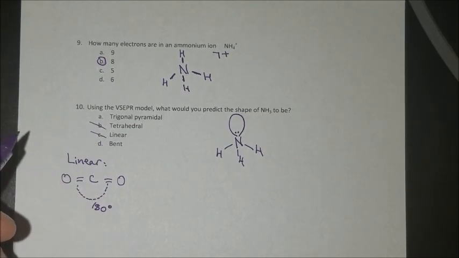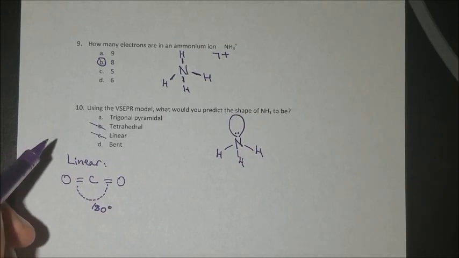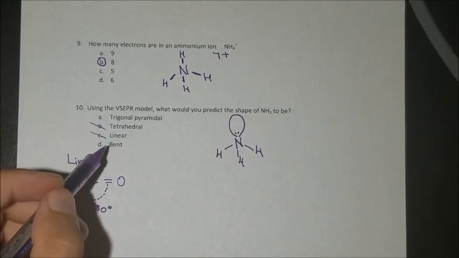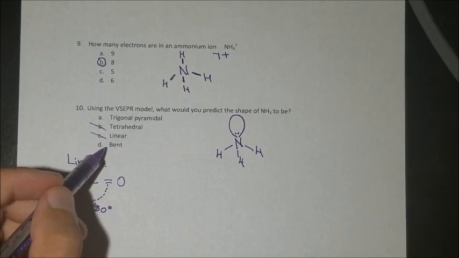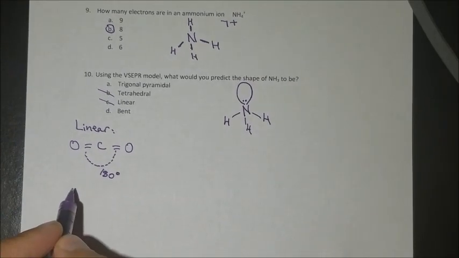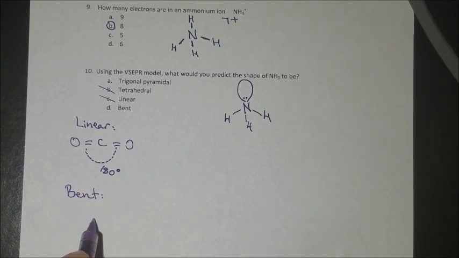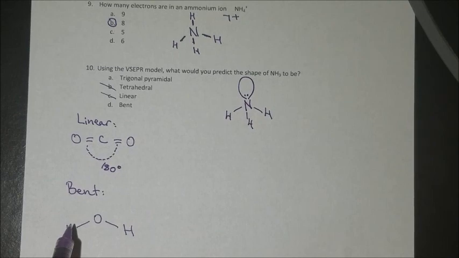And then the last one we have is bent. It might be a little bit closer than linear, but still not right, because in order to be bent, you can think of the structure of water, and remember that for something to be bent, like water, it has to have two lone pairs.